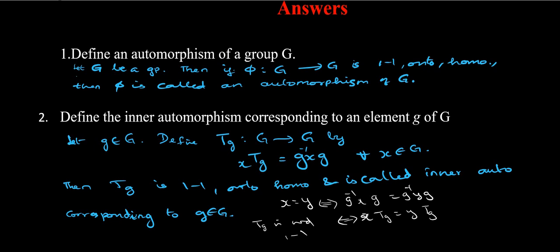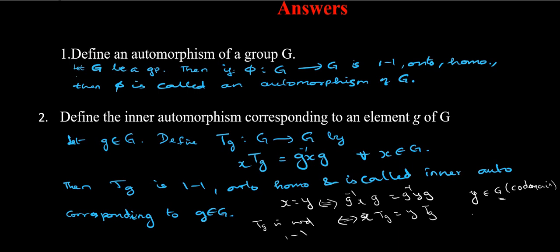And to prove that Tg is onto, we'll consider y in the codomain G. See here, both domain and codomain are G. We shall mention that y belonging to G, which is the codomain G. Then we need to find the pre-image for that, right?